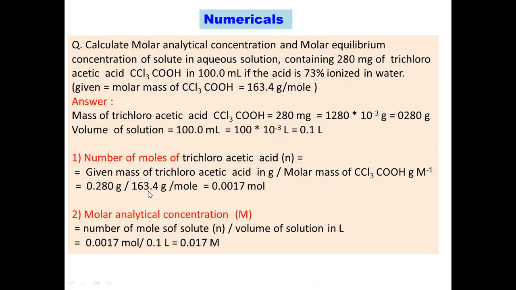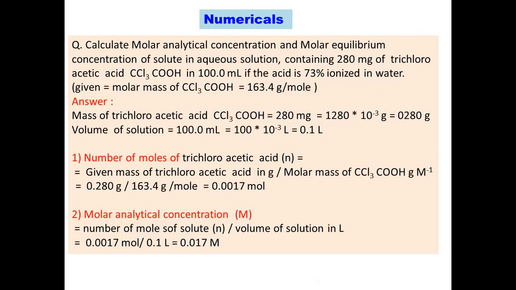Similarly, the first thing we have to calculate is the number of moles of trichloroacetic acid. The number of moles will be indicated by small n. So what is the formula to calculate the number of moles? It is the given mass of the particular solute, in gram, divided by the molar mass of that solute.